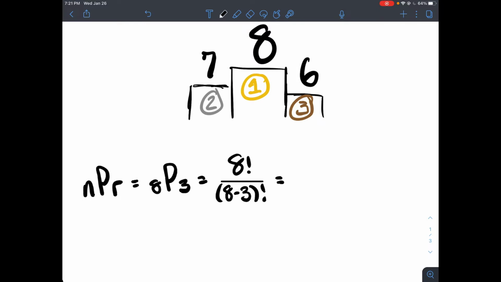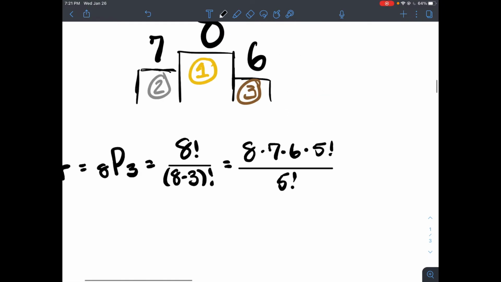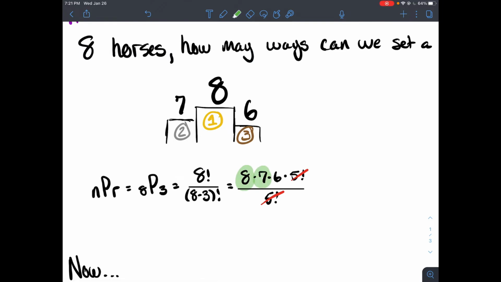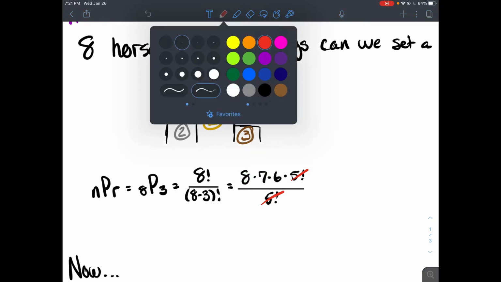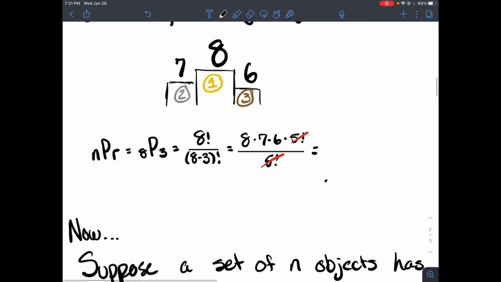And what is that? We have 8 times 7 times 6 times 5 factorial over 5 factorial. And hey, would you look at that? Our 5 factorials cancel out, and we have 8 times 7 times 6. Oh, crazy occurrence. 8, 7, and 6. That is incredible stuff right there. Look at how cool that is. So this then equals, what's this equal?